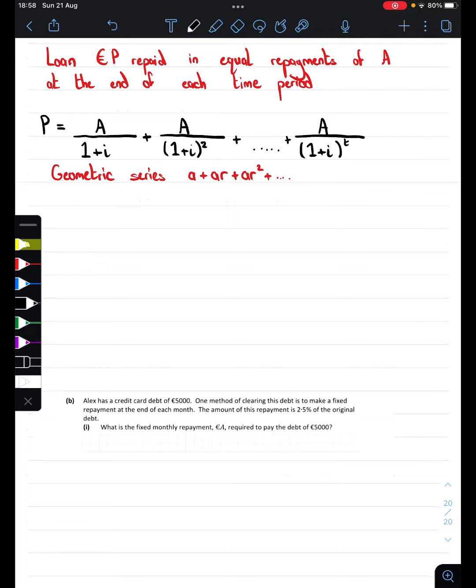So our starting term is clearly A over 1 plus I, and then each successive term is multiplied by a factor of 1 over 1 plus I. There's another factor of 1 plus I on each successive denominator. So on the first denominator, there's 1 power. On the second, there's 2. On the T-th, there's T powers.